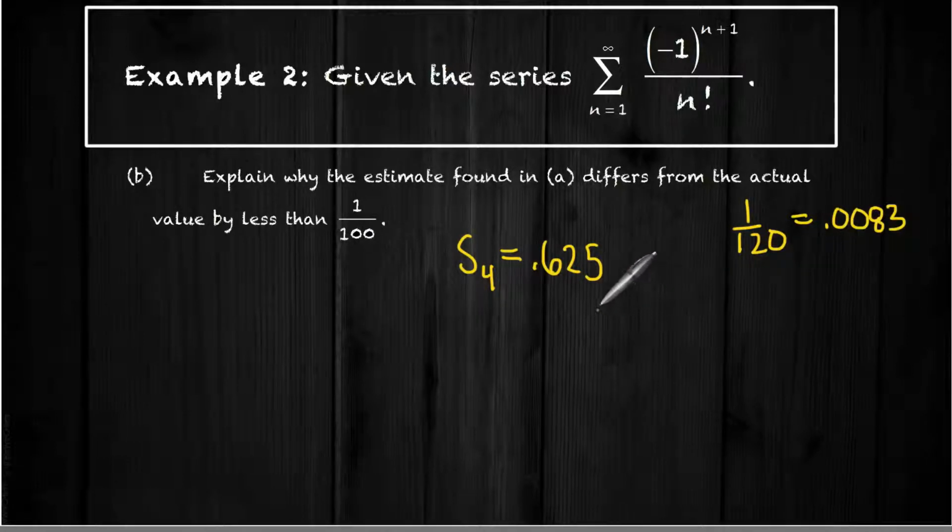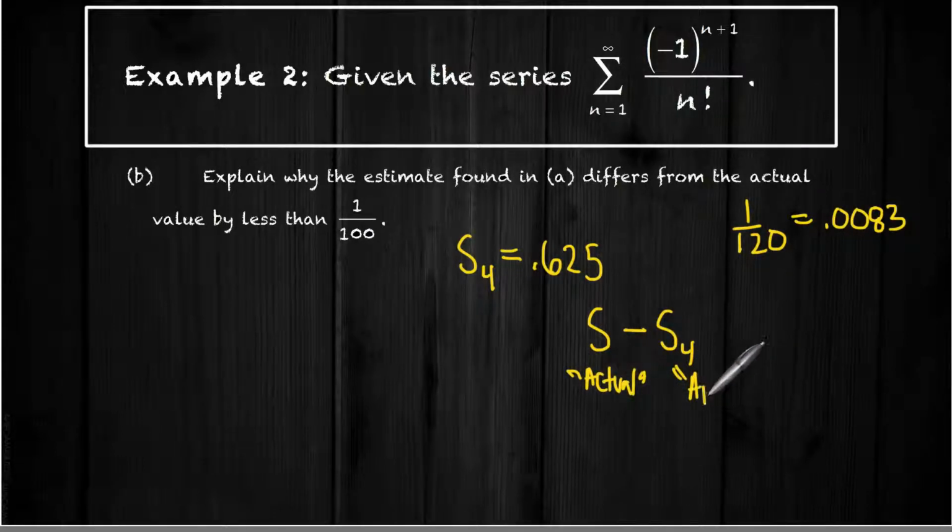And so what we'll say here is that the actual sum minus the approximated sum is going to be less than or equal to 0.0083, which is clearly less than 1 over 100, which is just 0.01.